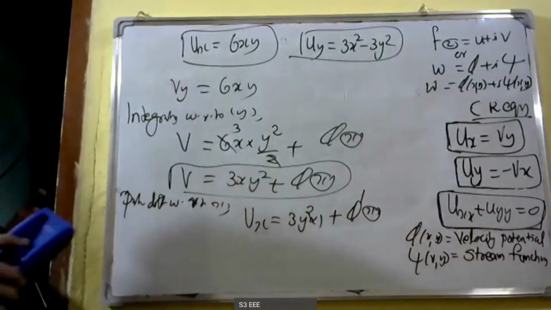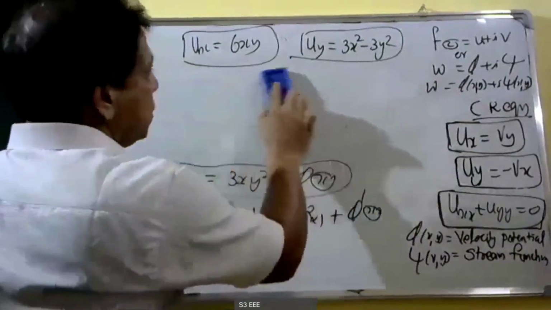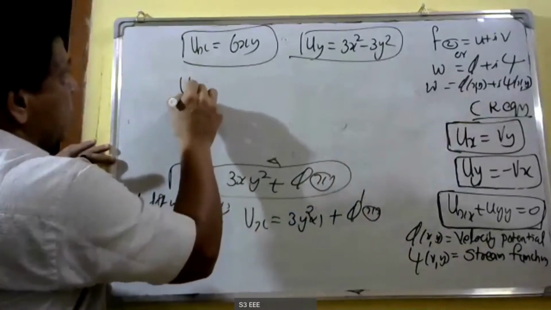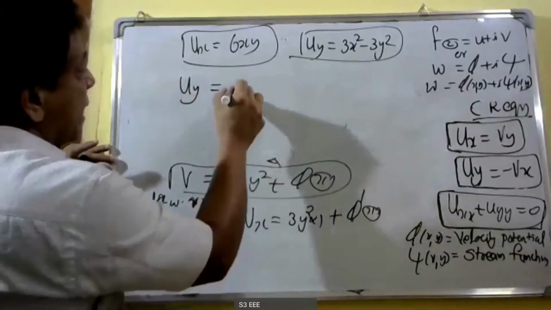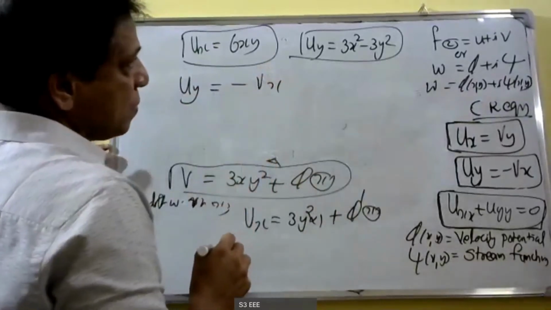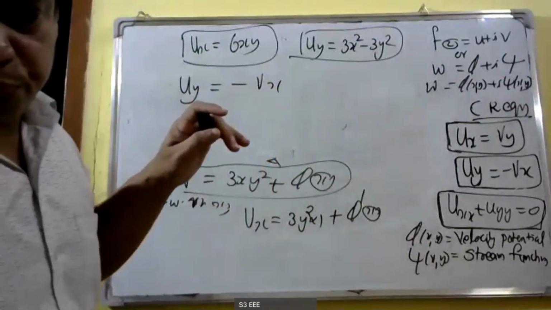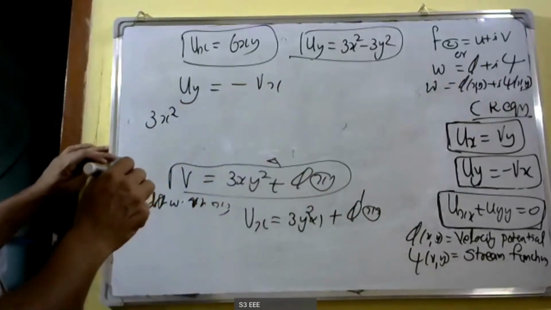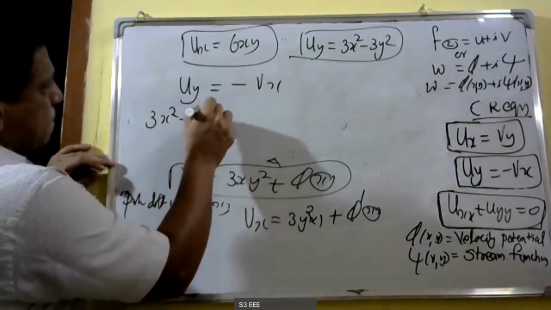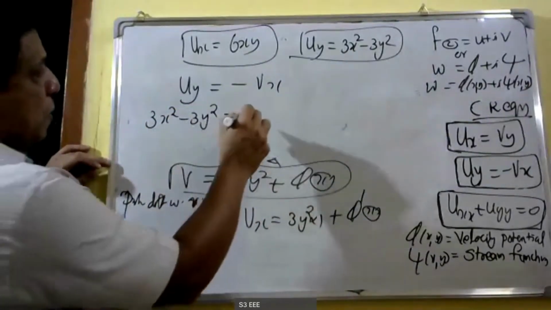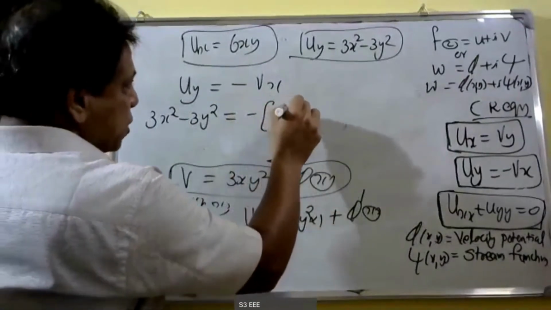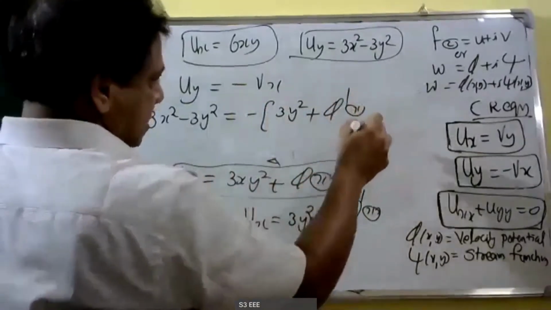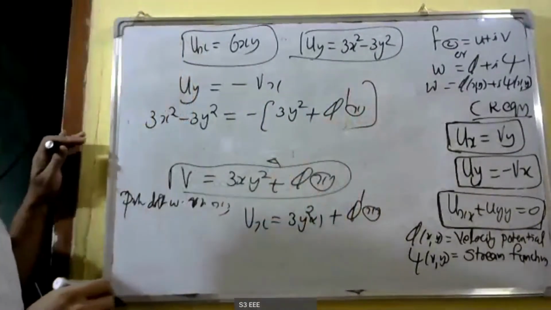Then we use the second Cauchy-Riemann equation, uy is equal to minus vx. Here uy is equal to 3x squared minus 3y squared, and vx is equal to 3y squared plus phi dash x.